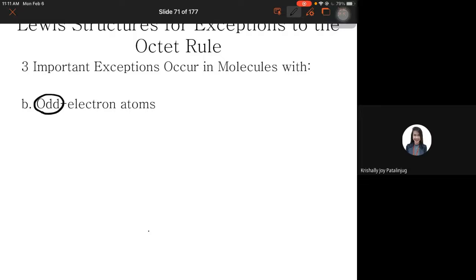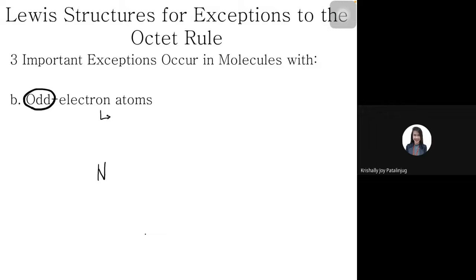Usually, most commonly encountered are molecules with an odd number of electrons containing a central atom that also has an odd number of valence electrons. For example, nitrogen has an odd number of valence electrons. I repeat, this is usually observed if the central atom also contains an odd number of valence electrons.